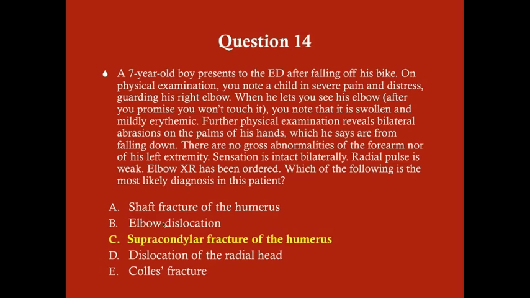And the shaft fracture of the humerus is generally accompanied with radial nerve palsy, in which case we would see numbness of the dorsum of the hand and weakness of the wrist extensors. With elbow dislocation, we would see a much more gross abnormality of the elbow. And then dislocation of the radial head would not be seen in an injury like this.